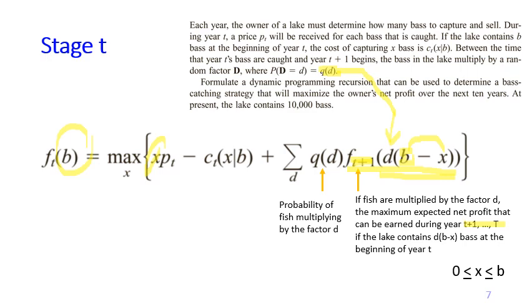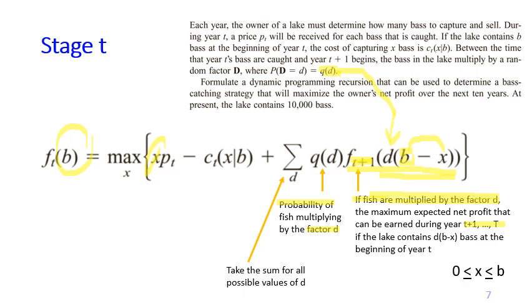Remember, as I talked about in the previous video, the key in the probabilistic setting is that when you see something like this, if the fish are multiplied by the factor d, then you always need to multiply this with the probability that d is happening. That's why you see qd times that, okay?